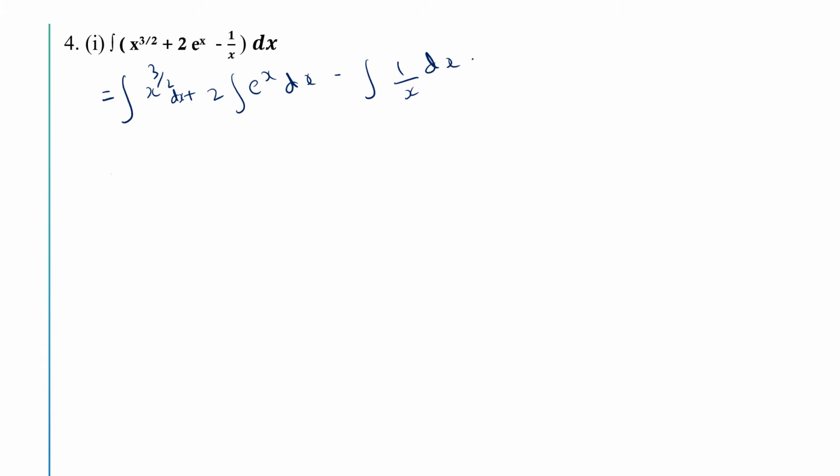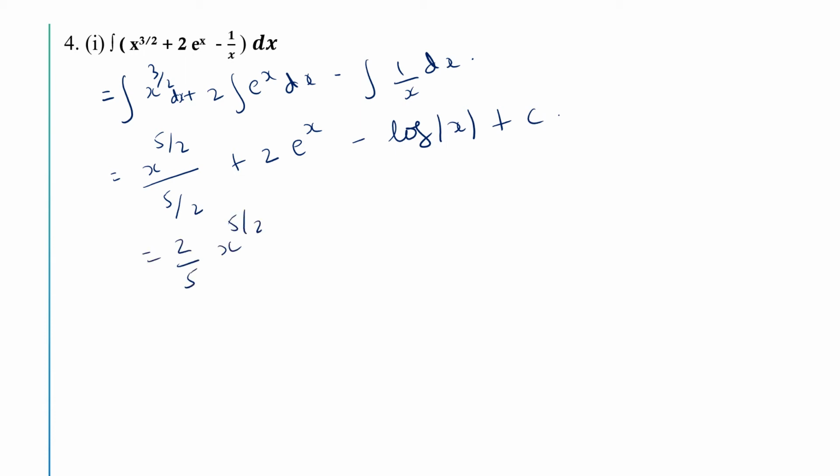Integral x raised to 3 by 2 dx is x raised to 3 by 2 plus 1 by 3 by 2 plus 1, so x raised to 5 by 2 divided by 5 by 2, then plus 2 integral e raised to x dx is e raised to x, minus integral 1 by x dx is log mod x, plus c. So this is equal to 2 by 5 x raised to 5 by 2 plus 2 e raised to x minus log mod x plus c.